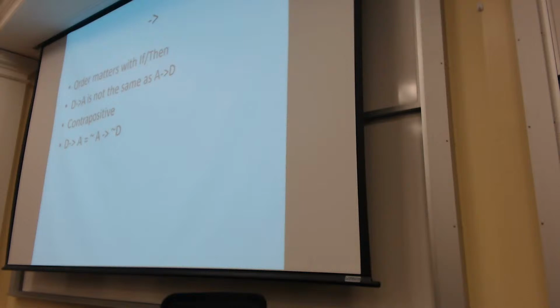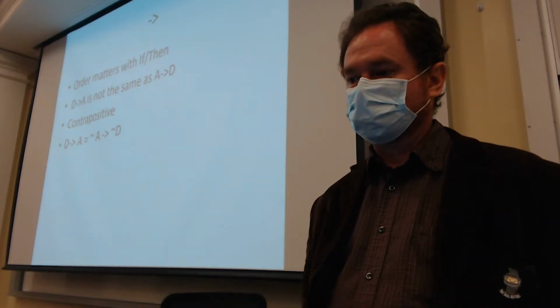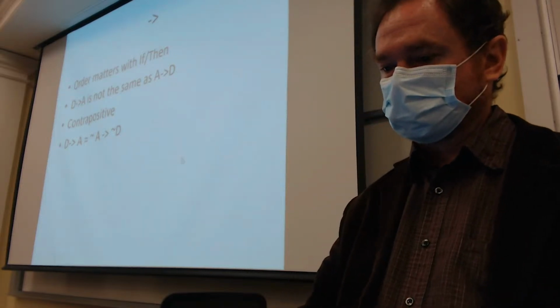If D then A is a different claim than if A then D. Or to use English that will make this intuitive, the claim, if something is a dog, then it must be an animal, is a different and true claim, whereas the claim, if anything is an animal, it must be a dog, is a different claim and obviously a false claim. So again, order is very important with the arrow in particular.